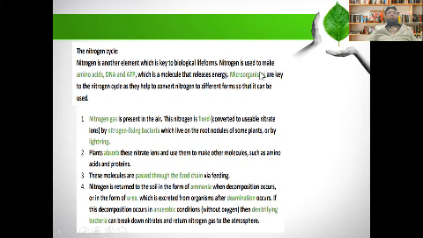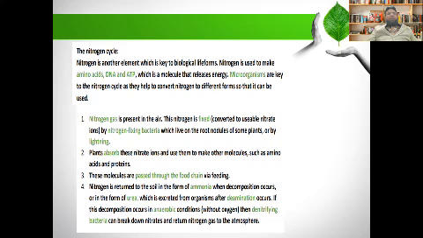So nitrogen is used to make amino acids, DNA, and ATP, which is a molecule that releases energy. Microorganisms are key to the nitrogen cycle, as they help to convert nitrogen to different forms so that it can be used.